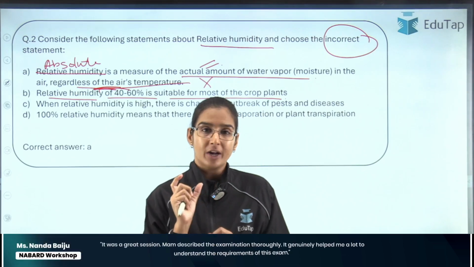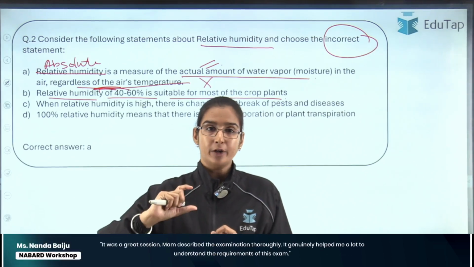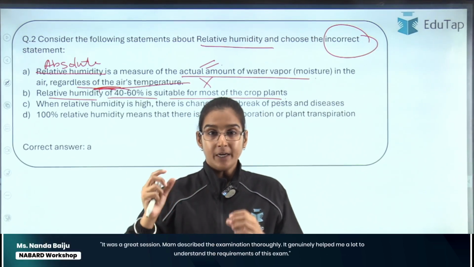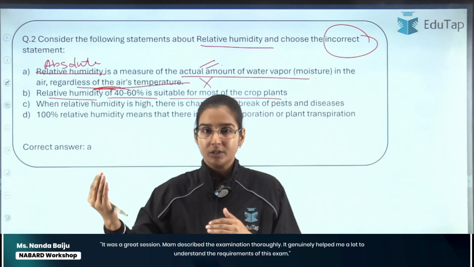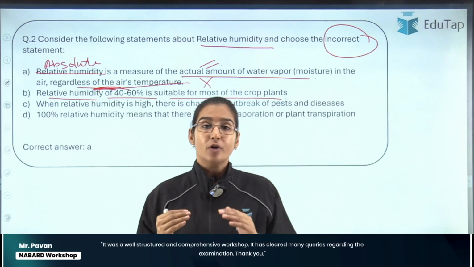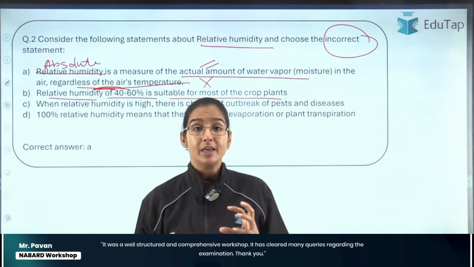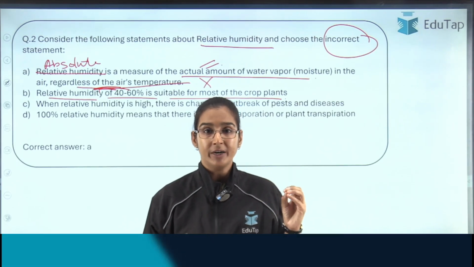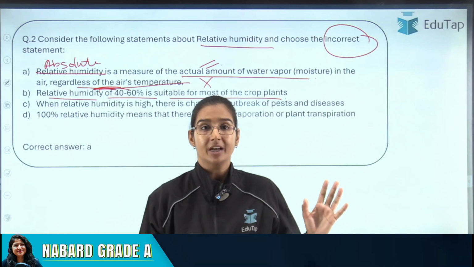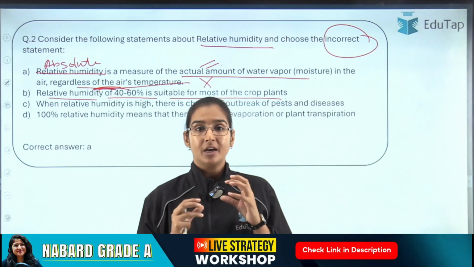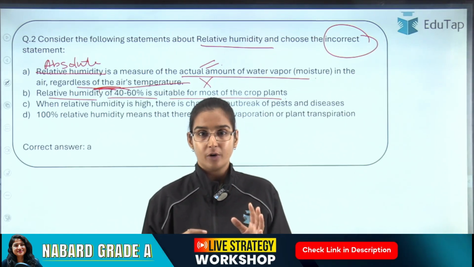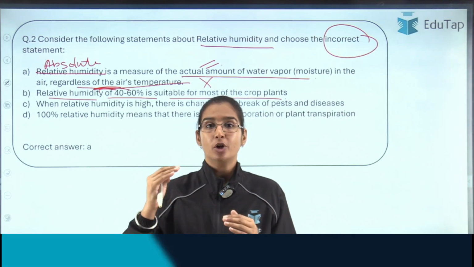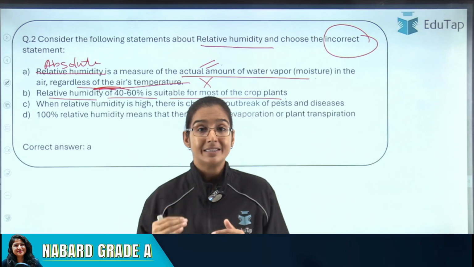This process depends on the water gradient between the leaf and the outside atmosphere. In 100% relative humidity, which means saturated air, the air is already full of water, so transpiration will be reduced considerably.